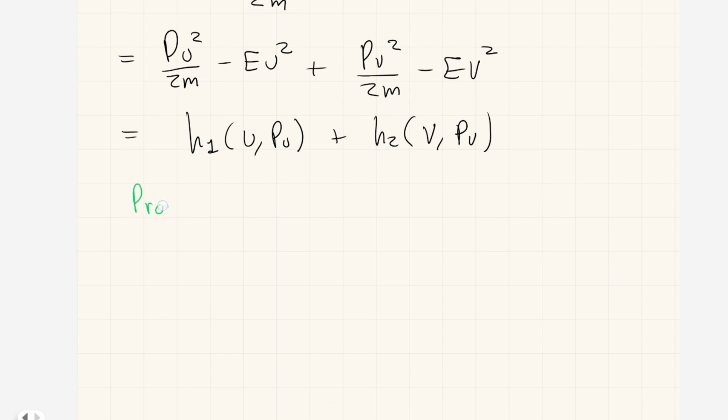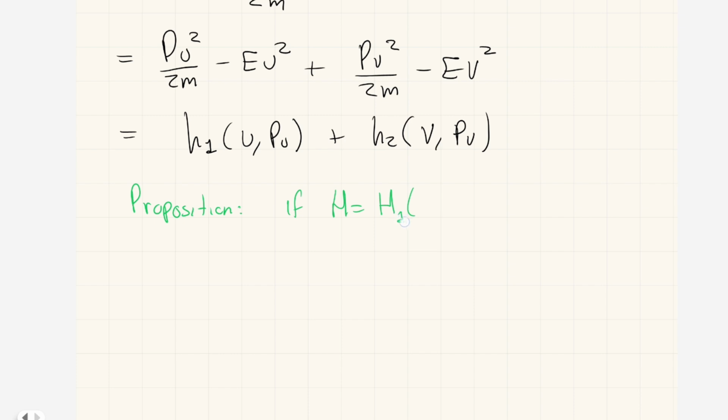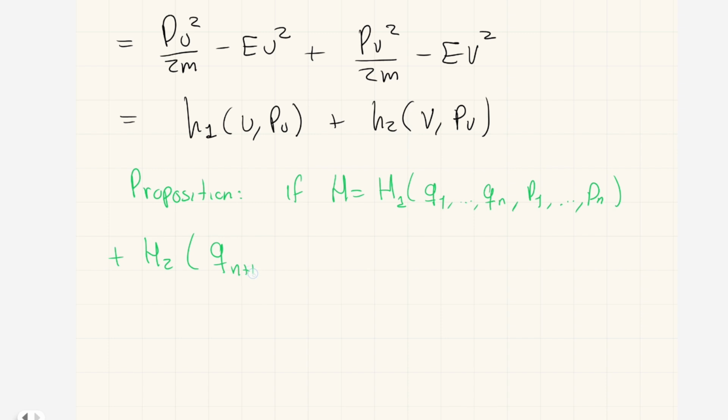It says that if you have a Hamiltonian h equal to a function h1 of q1 all the way up to qn, and then p1 all the way up to pn, plus another function that is from q_{n+1} to, let's say, qm, and then p_{n+1} all the way up to pm.